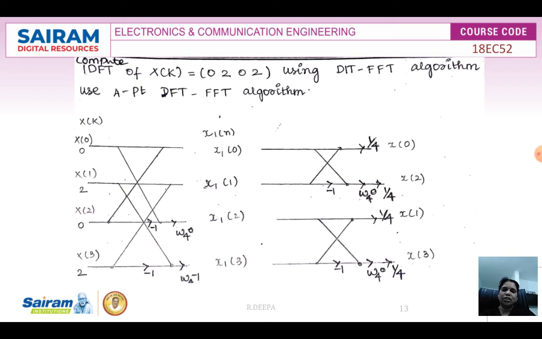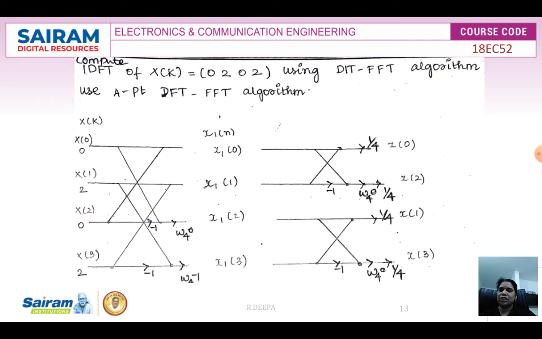And please remember, instead of W8 we are going to have W4 here, and it is going to be negative. So W4 power of minus 0 and W4 power of minus 1 for the first stage, and for the second stage you multiply with W4 power of 0.